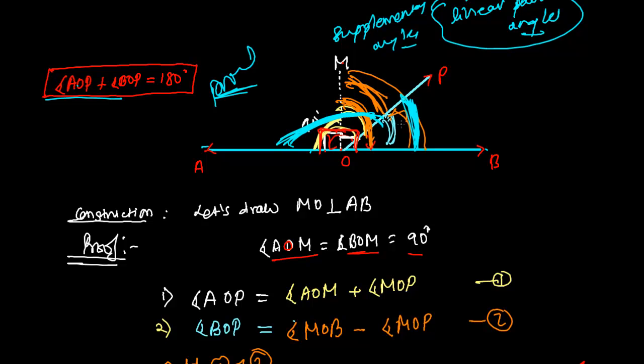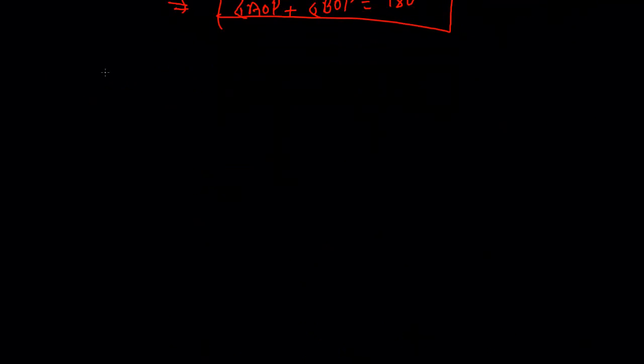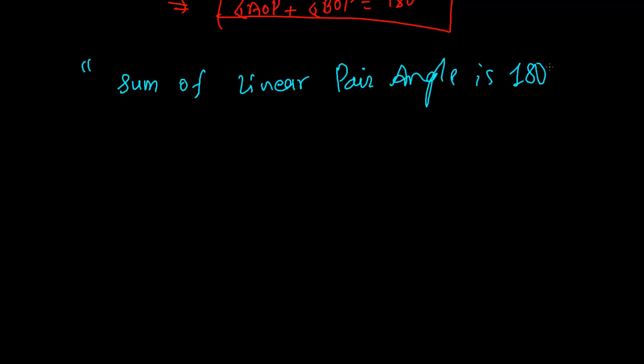What I was saying initially, you can understand linear pair angles like supplementary angles. So finally I'm concluding that the sum of linear pair angles is 180 degrees.